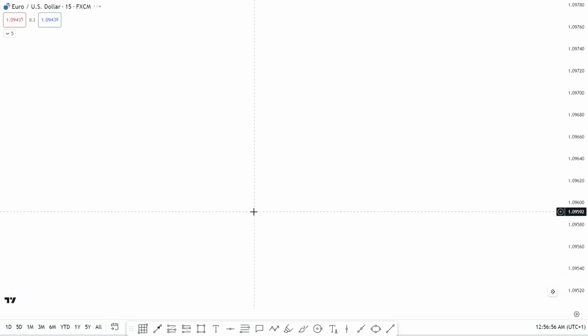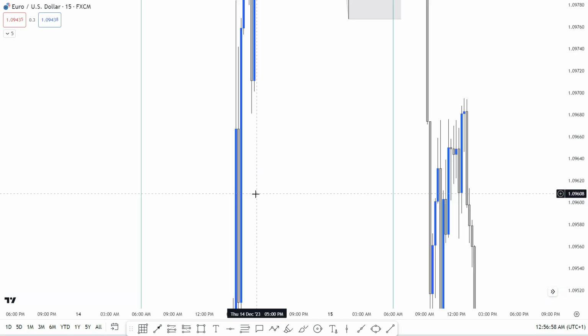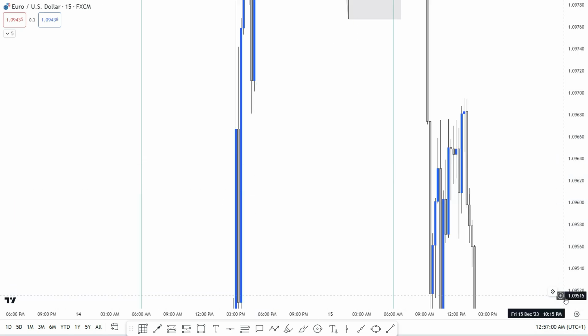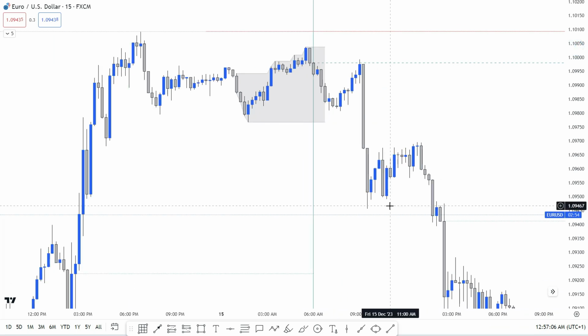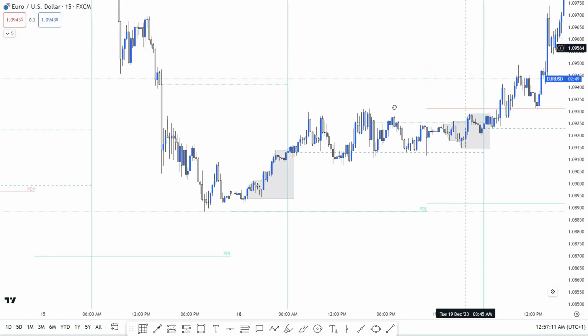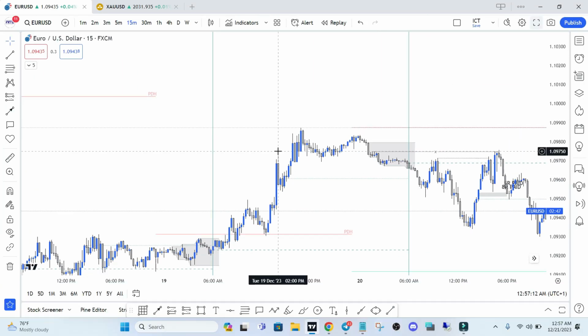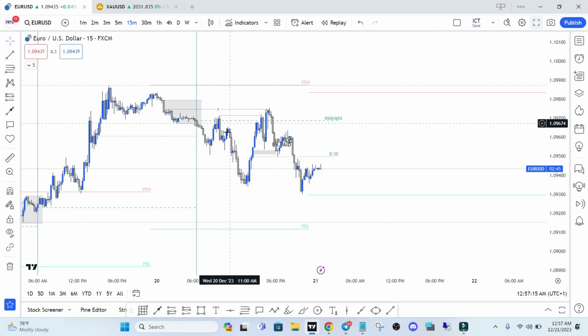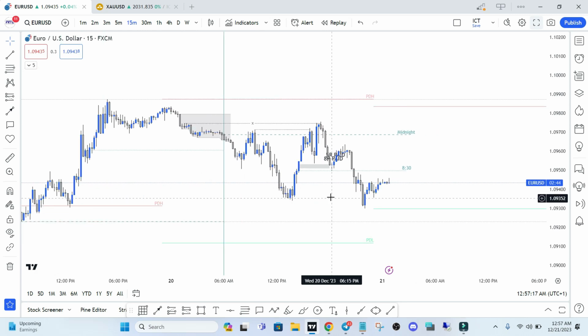So we'll go to the 15-minute time frame. On the 15-minute time frame, we want to ensure that we know where price is currently. So we're going to use the replay tool so that we have a perfect understanding of how this works.